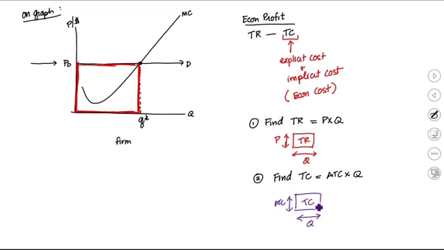I would need these two boxes to be equal, or I won't have zero economic profits. So given that for zero economic profits we need total revenue equal to total cost, can you figure out where my average total cost curve needs to go?